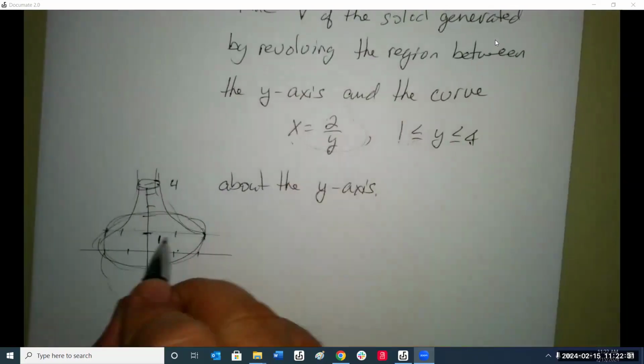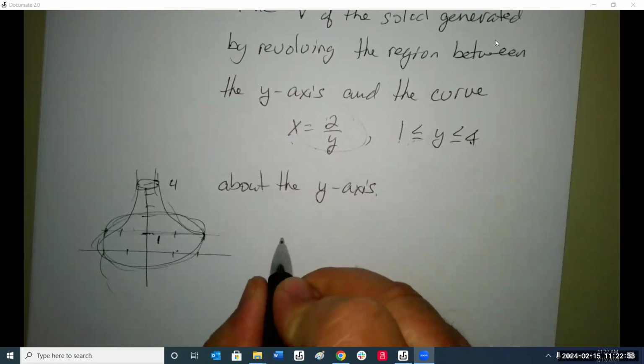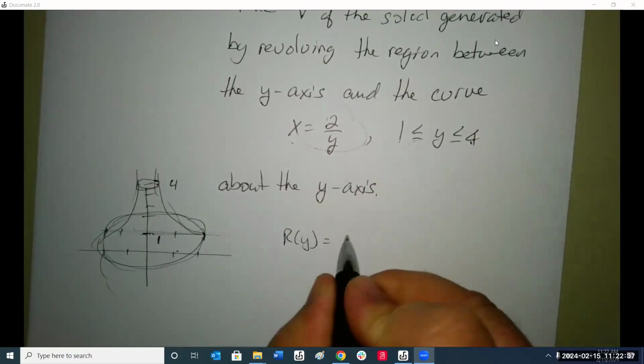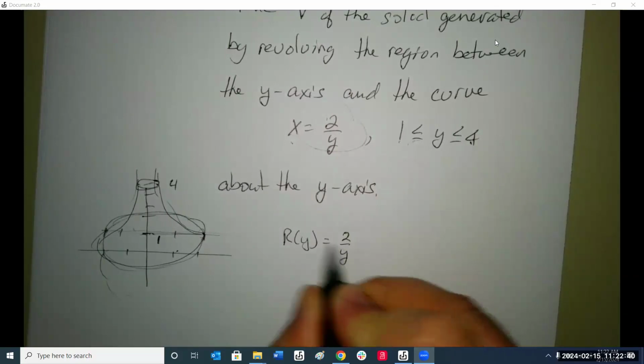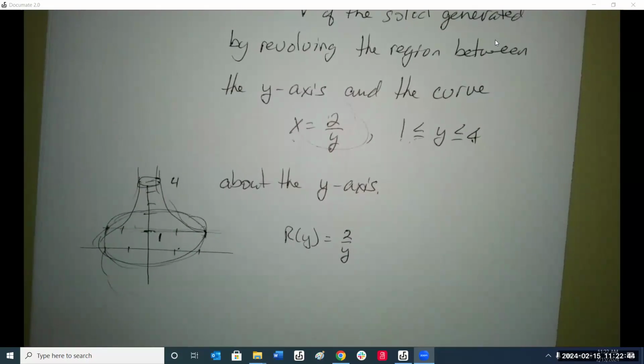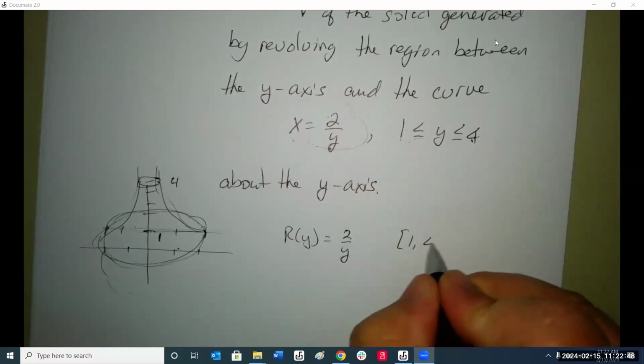And that's my radius. It's a function with respect to y because it's 2 over y, and the domain is from 1 to 4.